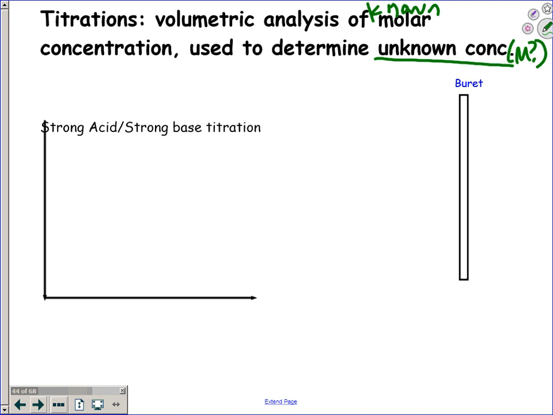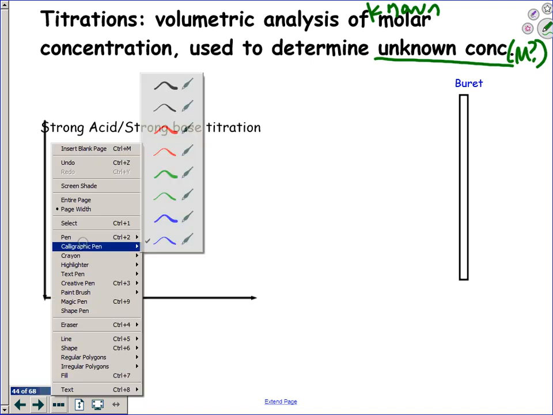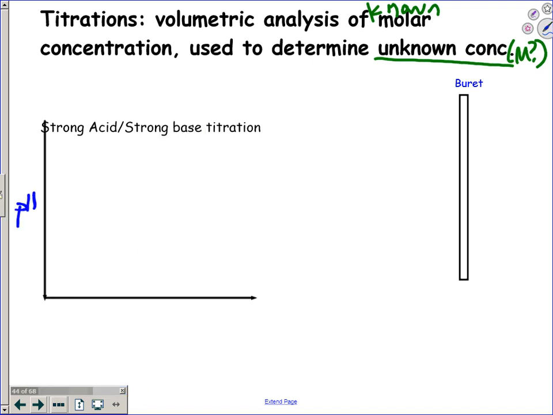So we have our axes. You guys probably wrote this down. What were your individual axes? The y-axis first. pH of solution, so I'm just going to put pH. And what's the bottom axis? So it's just volume, right? Now, specifically, sometimes they'll say, I'm starting with an acid and I'm adding base, or I'm starting with a base and I'm adding acid.